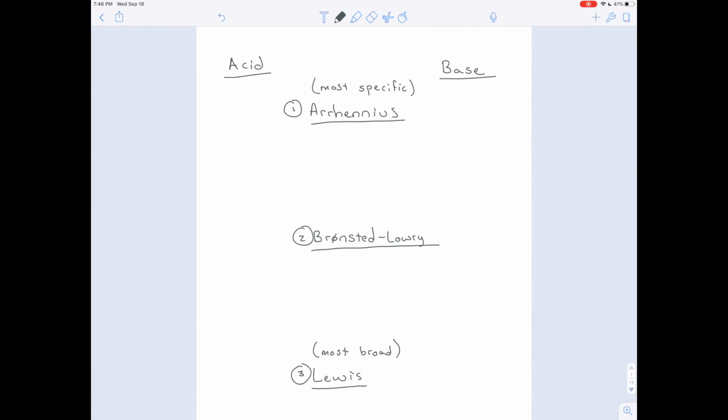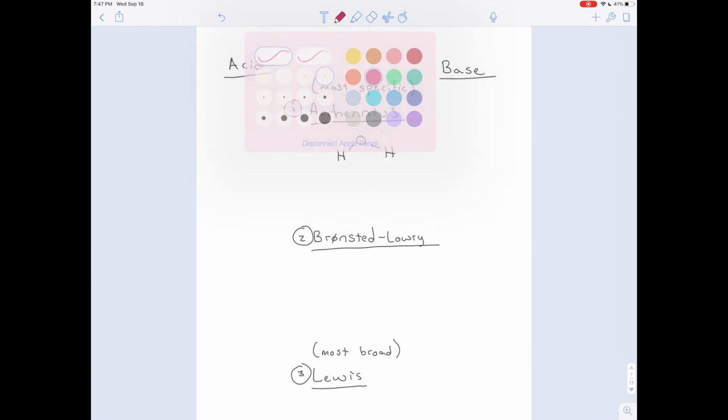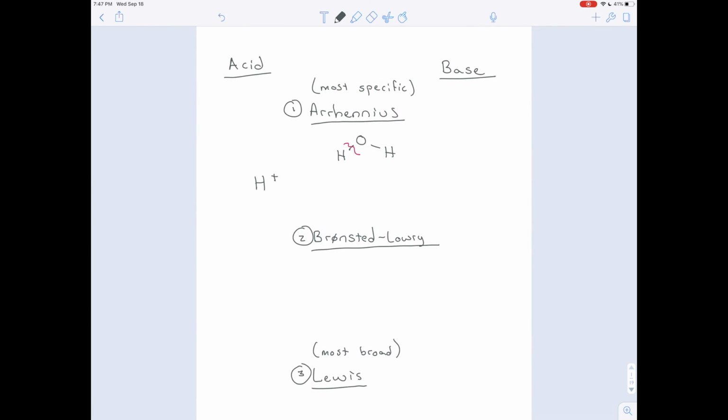Swedish chemist named Svante Arrhenius came up with a rigorous definition. He said, okay, water is a molecule that's everywhere, so it's a good standard. It's a good reference point. And if you break water into 2 pieces, you'll get H+ and OH-. He noticed that solutions that have a lot of H+ tasted sour. So he said, okay, solutions that have a lot of H+, molecules that can add H+ to a solution, those are acids.